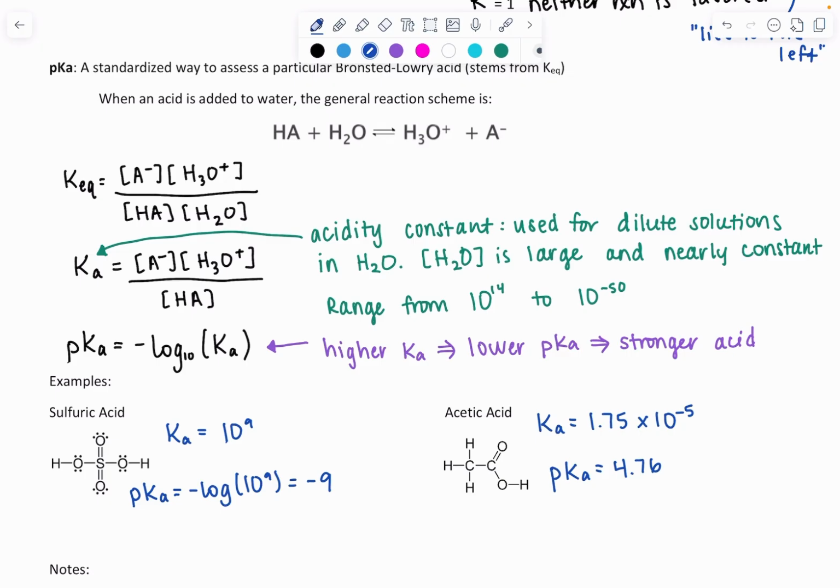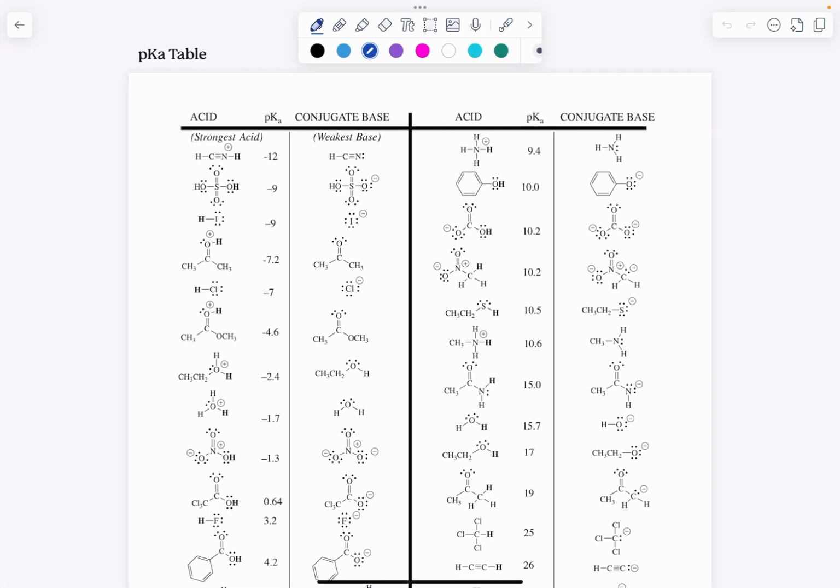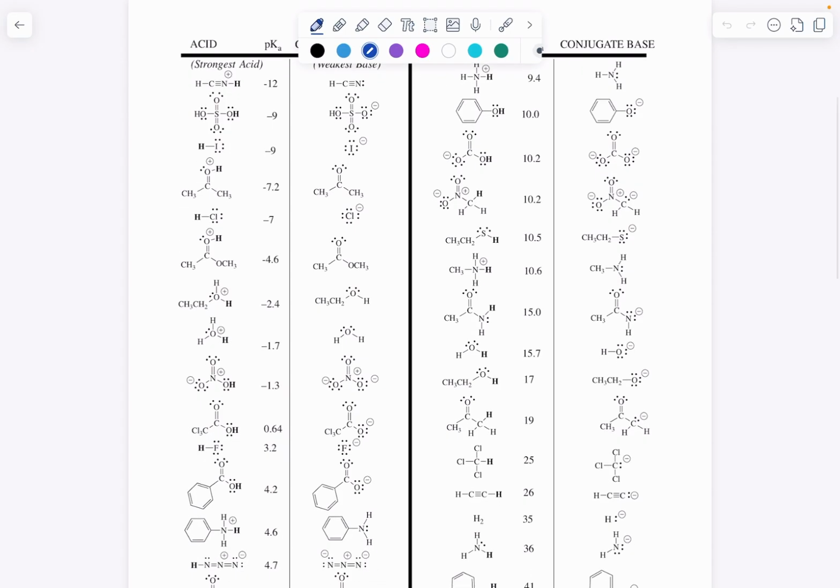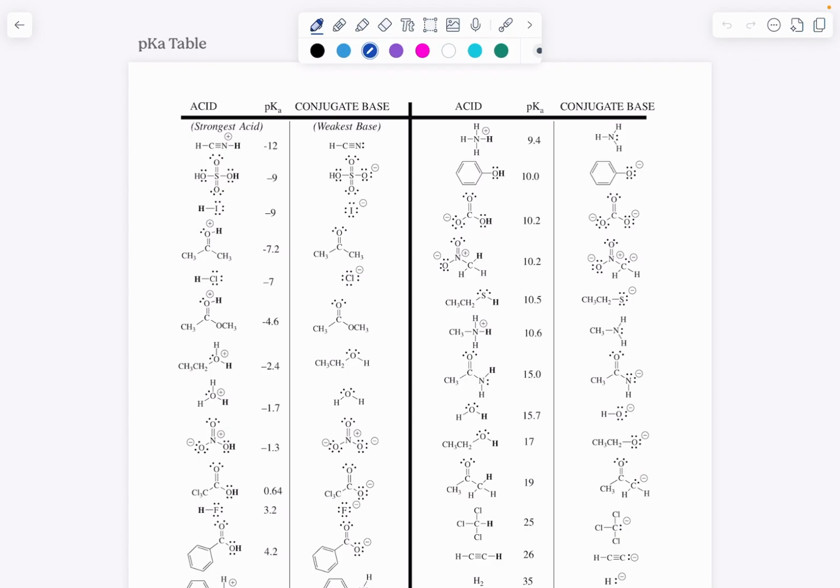We have a pKa table that's uploaded to our Unit 2 folder on Blackboard. This will be provided on assessments. It gives some pKa values. I'm going to just go ahead and open that for us. It gives some pKa values of molecules. Now, you may see exact molecules that are on here.